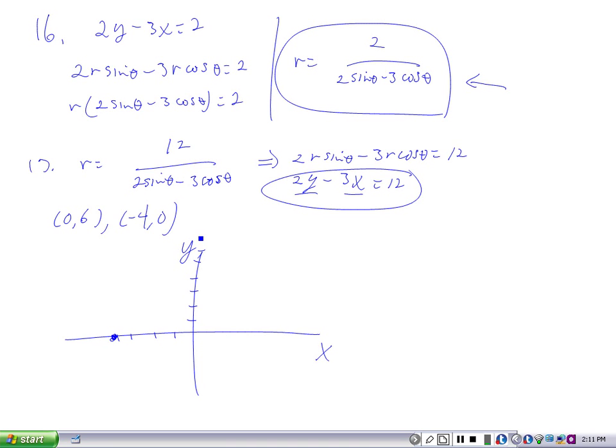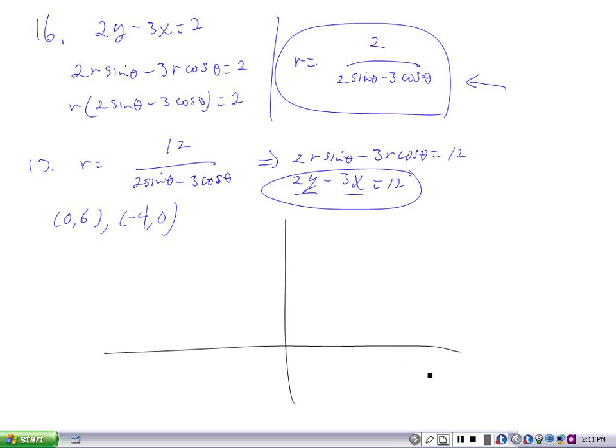My graph is not to scale, and I'm going to work on this before I die. Okay, so x is negative 4 and y is 6. And just draw a straight line.